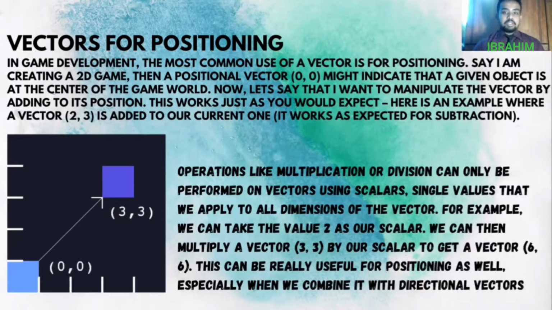It works as expected for subtraction and addition. Operations like multiplication or division can only be performed on vectors using scalars, single values that we can apply to all dimensions of a vector. For example, we can take the value of 2 as our scalar. We can then multiply a vector of 3, 3 by our scalar to get a vector 6, 6. This can be really useful for positioning as well, especially when we combine it with directional vectors.